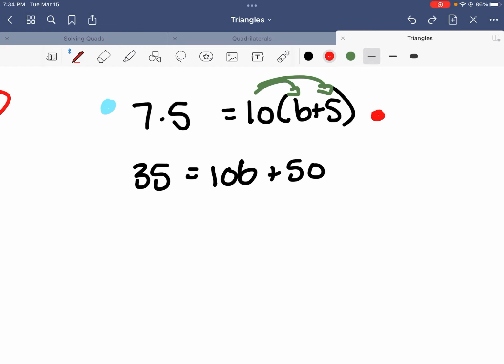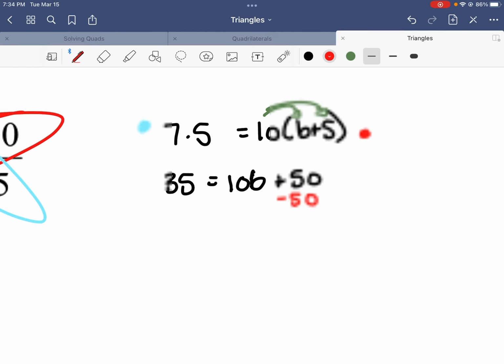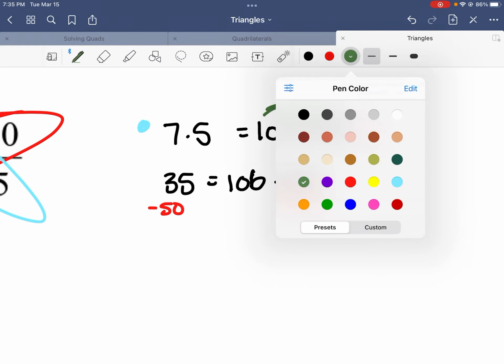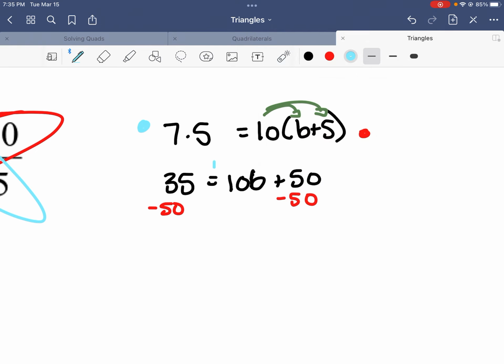The correct answer is in front of the bank. So I have plus 50. To get rid of it, I have to do minus 50. What I do to one side, I do to the other side. Just a side note, I know for a lot of you guys, it helps to make your little line like this. You could do that if that helps.